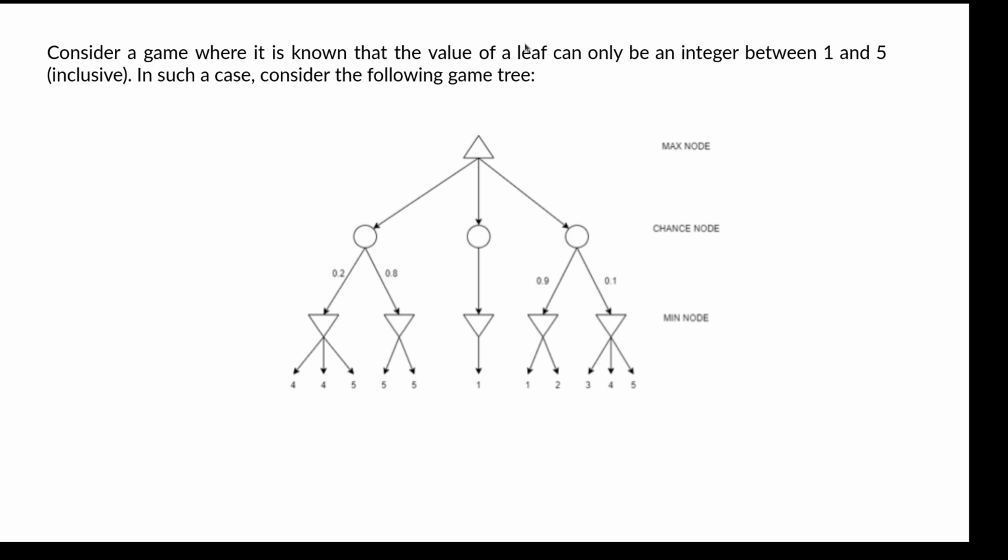For the first one 4 and for the second one 5, so 4 into 0.2 plus 5 into 0.8. It will come to 0.8 plus 4, which is 4.8. The answer would be 4.8 for this one.